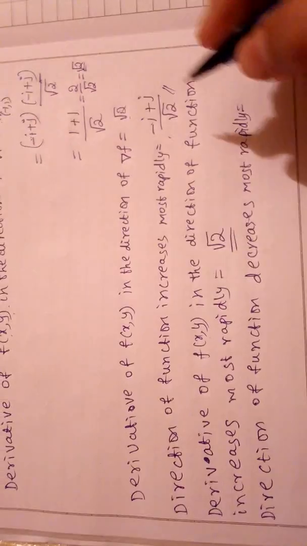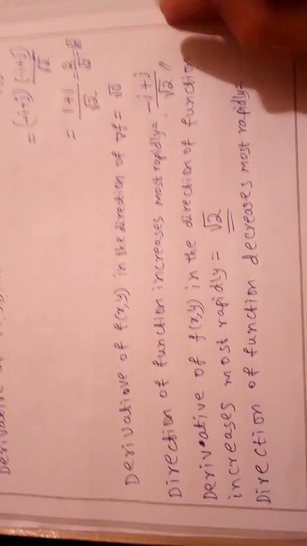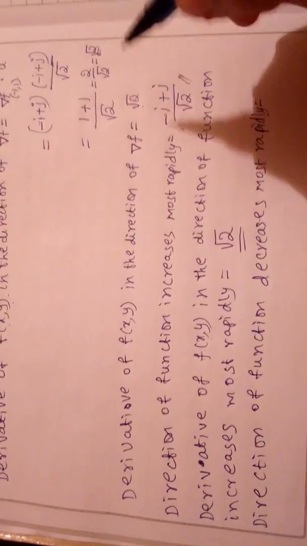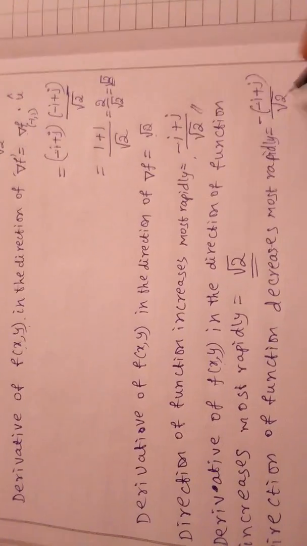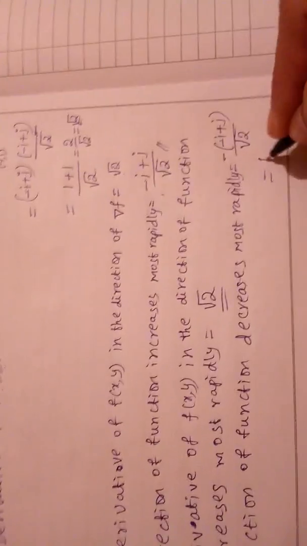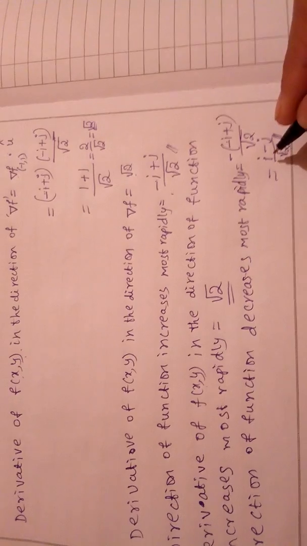That is equal to the direction opposite to the gradient vector. That means minus of (-i + j) divided by root 2, which is equal to (i - j) divided by root 2. In this direction, the function decreases most rapidly.